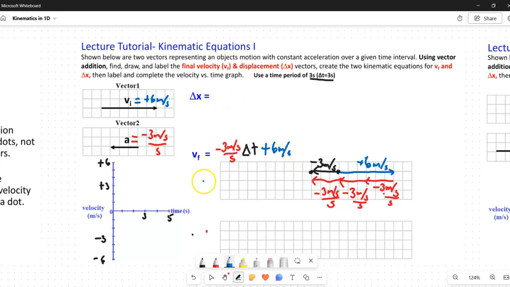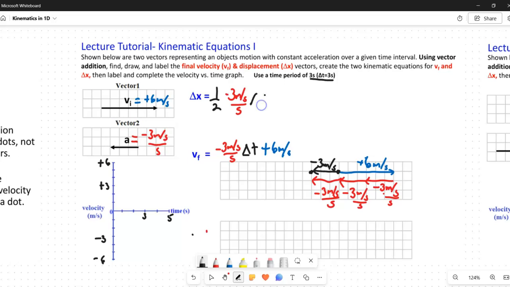And we could go right to this position versus time graph curvilinear fit. The first component is acceleration times time squared, so it's going to be 1/2 times negative 3 meters per second for every second times time squared.